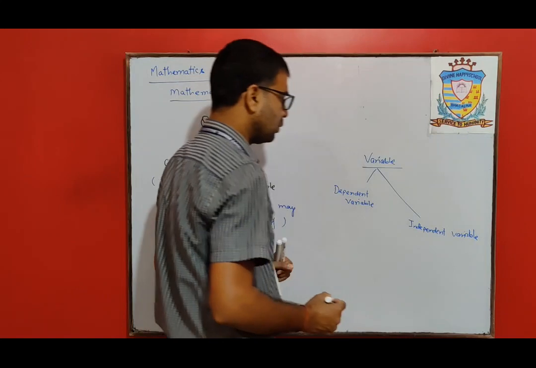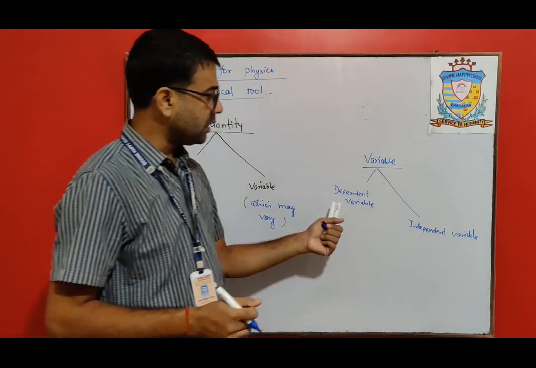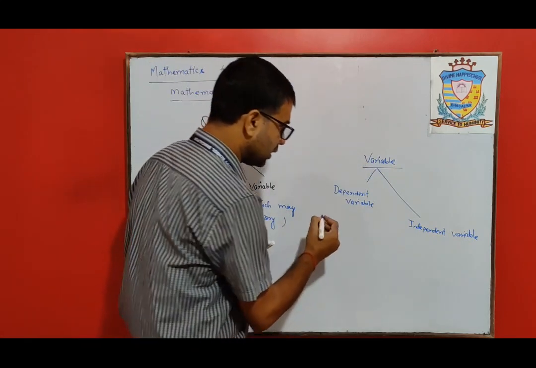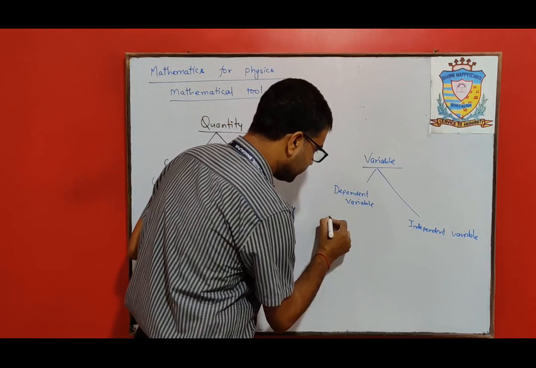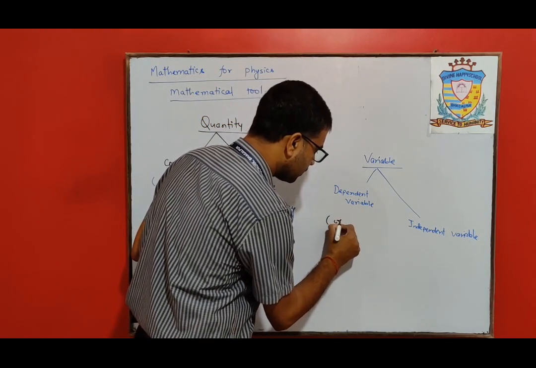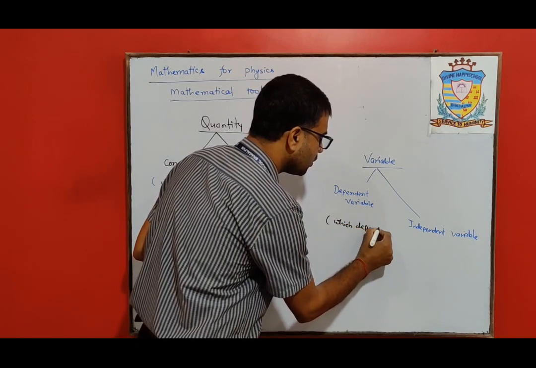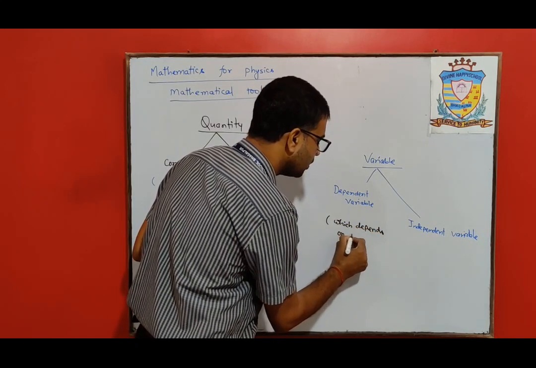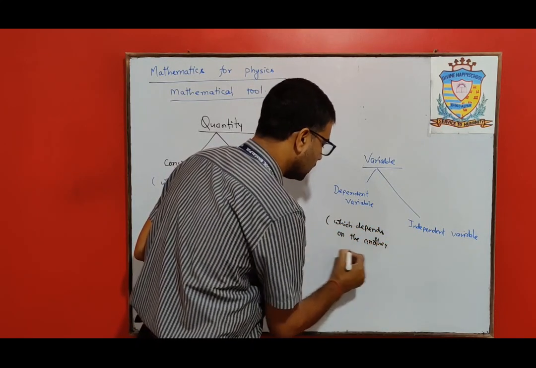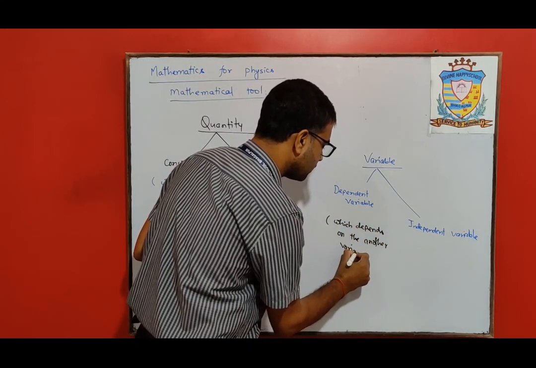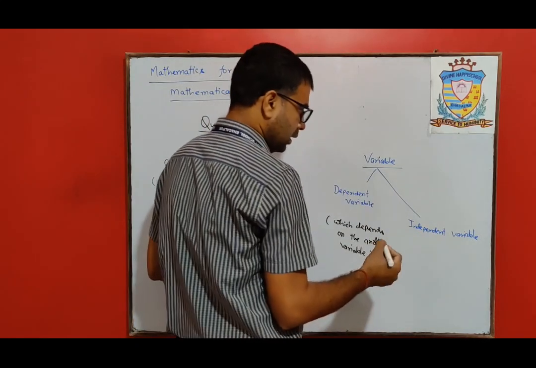I'll explain one by one. Dependent variables are those which depend on another quantity, another variable. Clear?